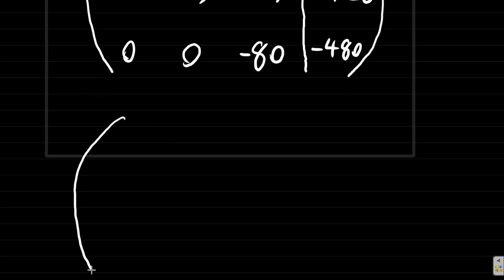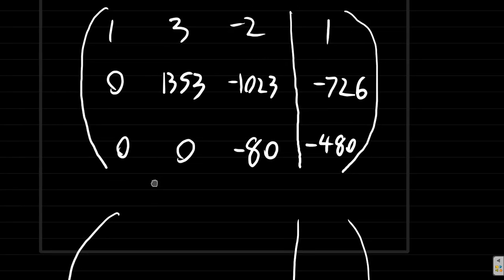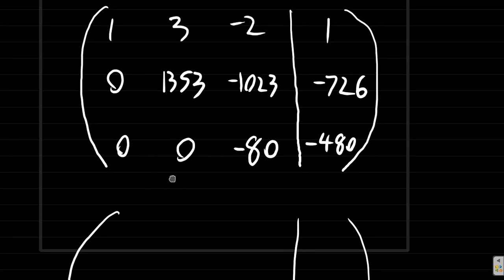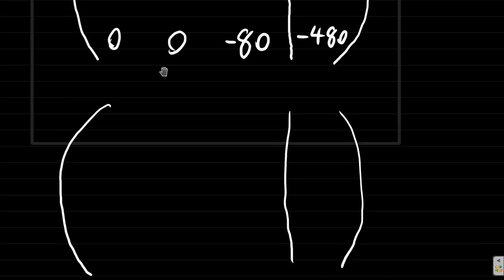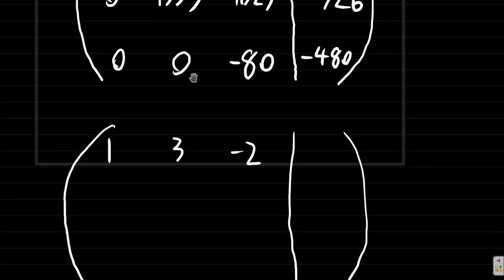Let's say this is our new matrix. We have 1 here already, so 1, 3, negative 2, 1.